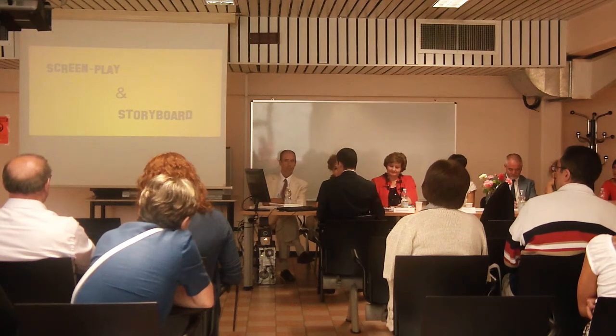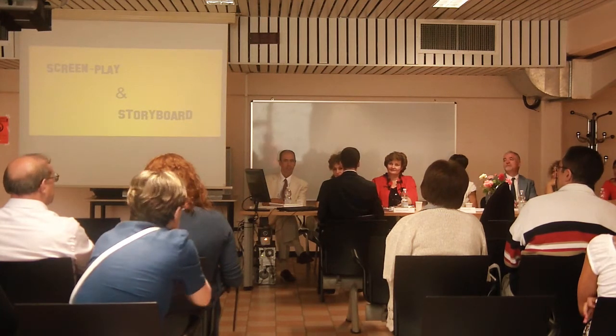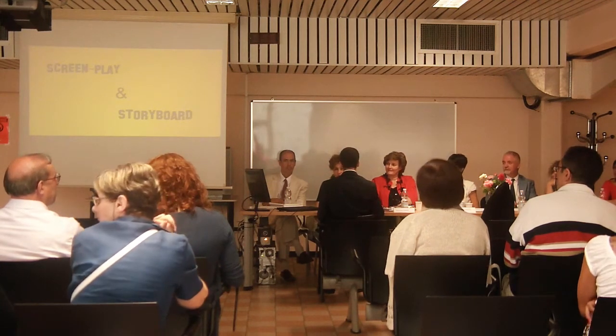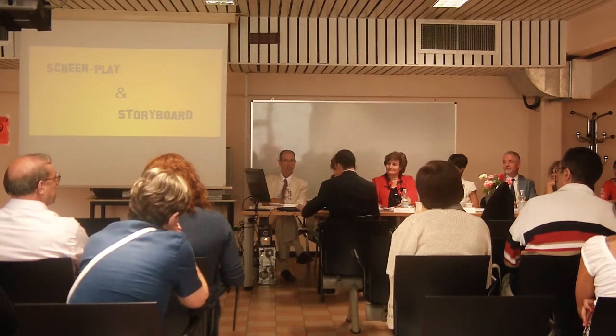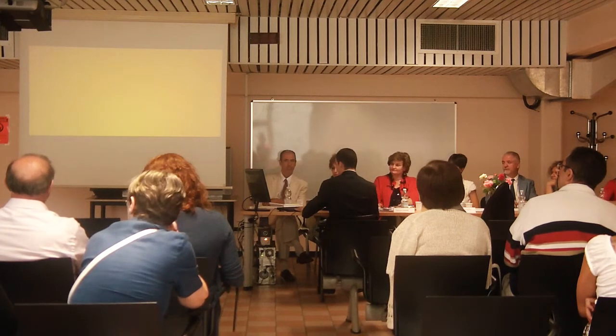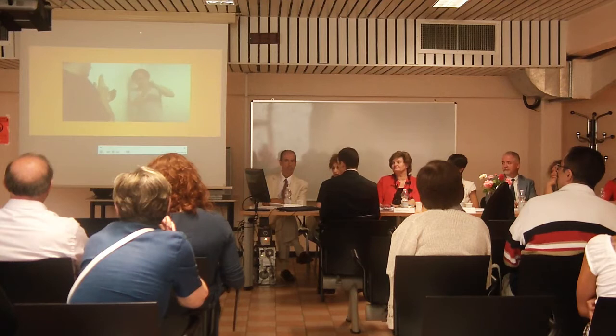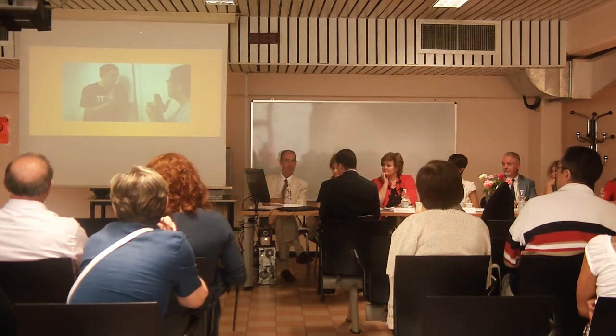After that, we can create our storyboard. The storyboard is a sequence of images or shots that sums up the entire story to visually see how the final production should be. The storyboard could be drawn, such as in this case, or filmed. And this is an example of a filmed storyboard.